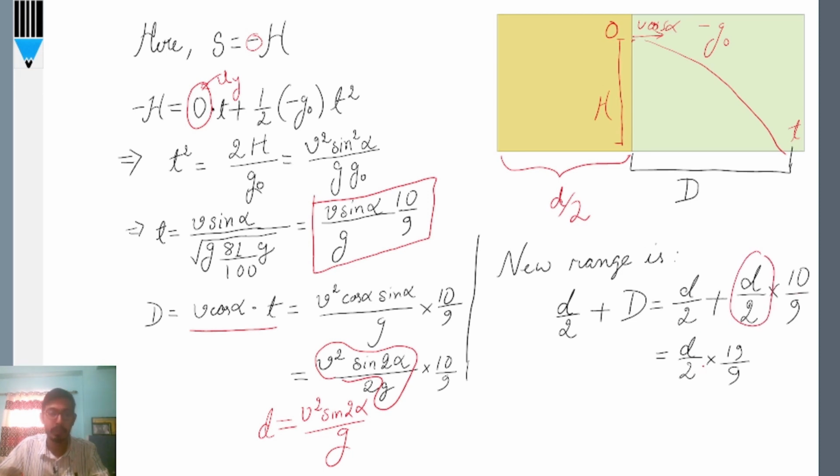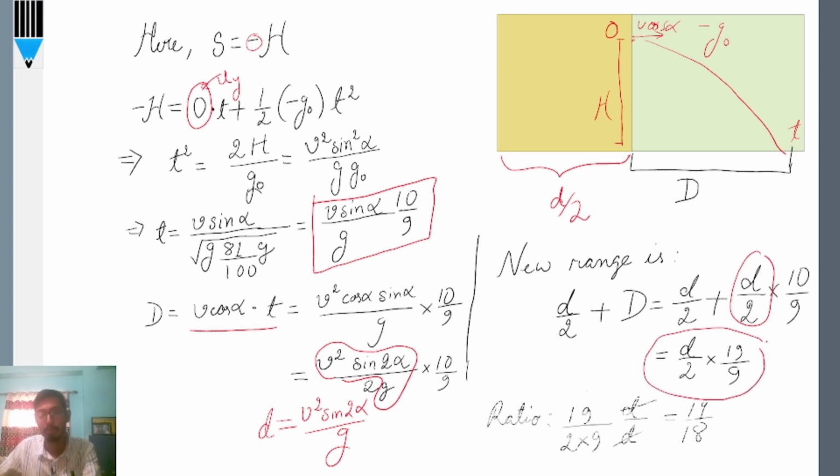Solving, we get d by 2 into 19 by 9. Now we need the ratio, so how? We have the expression for the new range, and the original range is d, so I'll divide this expression by d to get the ratio, which is simple, so we'll get 19 by 18 as the answer.